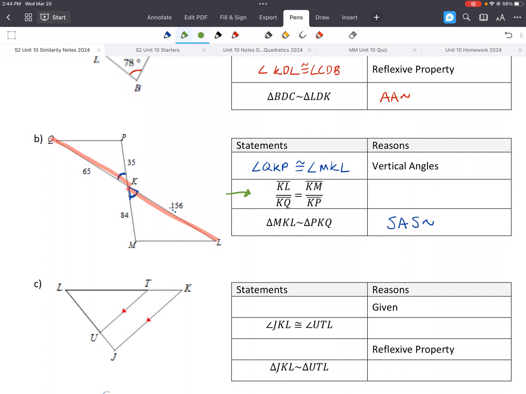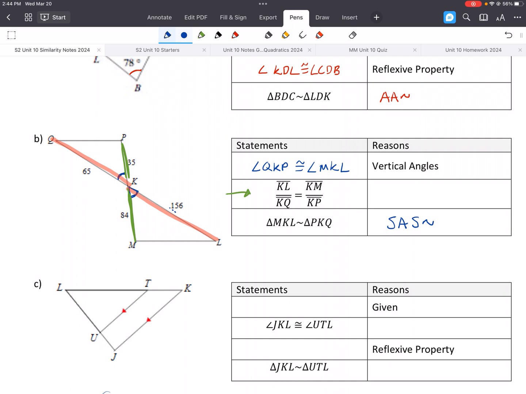And then we have KM, should be this side, corresponds with KP. Okay, so to actually show if they are proportional, all we need to do is plug in those values and see if they are the same. So it's very similar to what you did before.